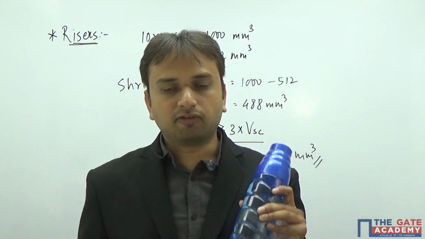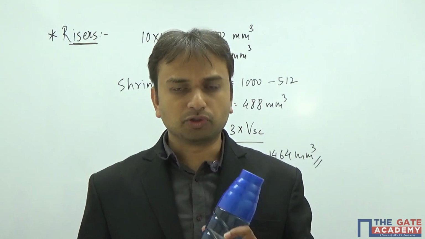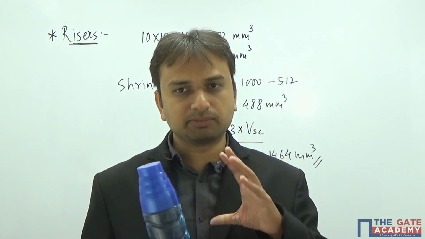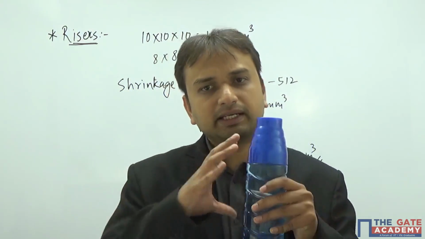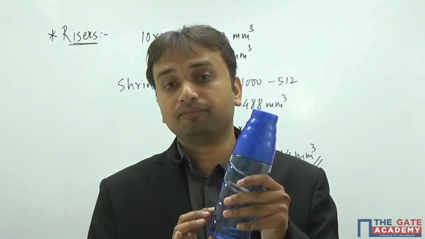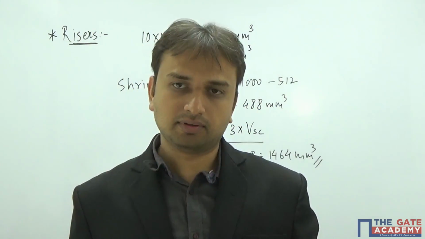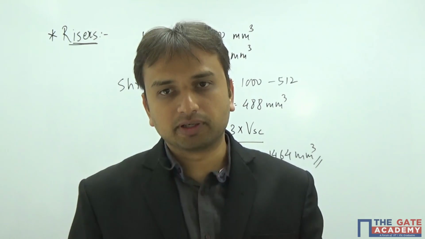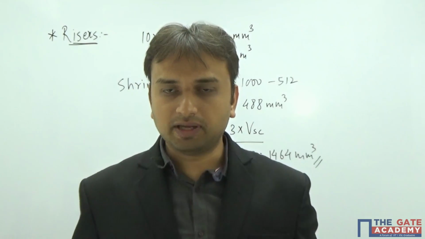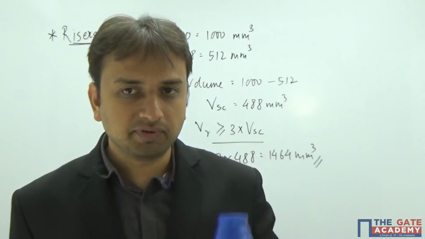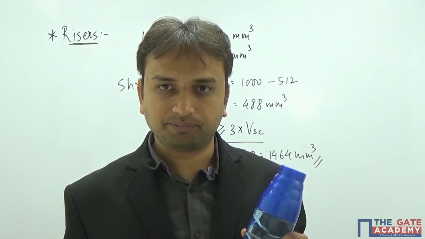Now, sir, if you want to minimize its surface area, don't you think that you need to find a correlation between the diameter and the height, or some value of diameter and the height, so that this cylinder is going to provide the least surface area for a given volume? Yeah, it's a fair point. What you're saying is a fair point. Then now what to do? We have to find the correlation between diameter and the height. So this is what we are going to do right now.